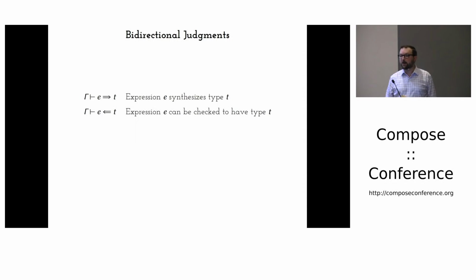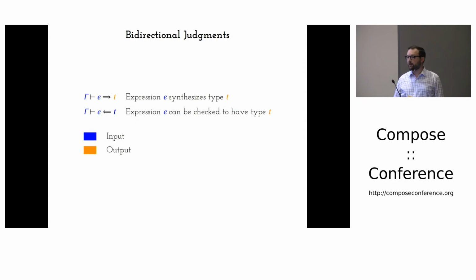So the bidirectional forms of judgment that we have are the synthesis and checking judgments. So gamma turnstile E right arrow T, that's to be read, expression E synthesizes type T, and E left arrow T is expression E can be checked to have type T. And when we think about this algorithmically, we really have two modes that we use for the different positions in the forms of judgment, which are inputs and outputs.